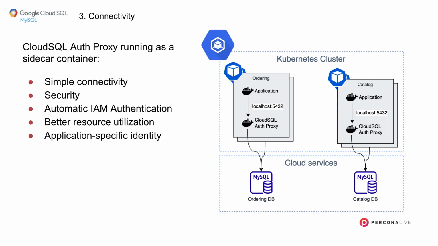And the recommended way to deploy CloudSQL Auth proxy is as a sidecar container. As I mentioned, our application runs in pods and in one or more containers. If you have your application container, you can then deploy a container on the side that will run this CloudSQL Auth proxy, and the application will just connect over localhost, and the rest is happening from the Cloud Auth proxy.